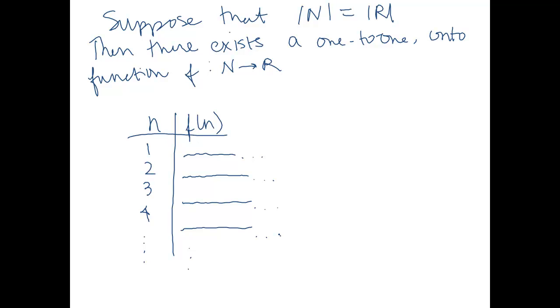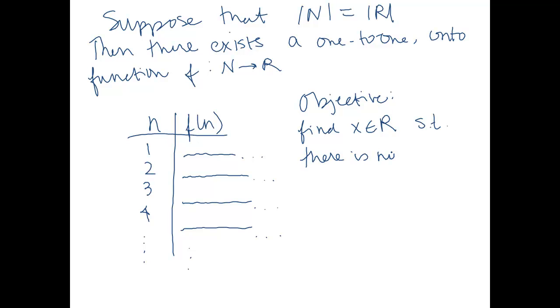All right, so what's our objective? We want to find a contradiction. We want to show that our assumption is not correct. So we need to be able to find an element x in R, such that there is no n such that f of n is equal to x.